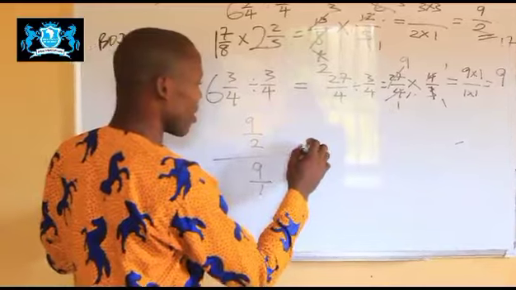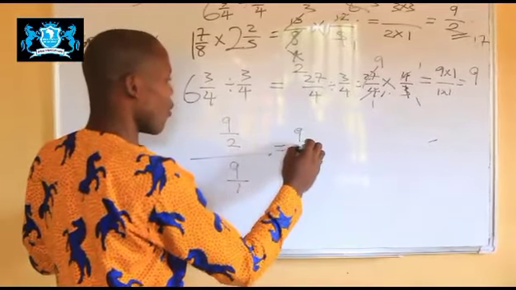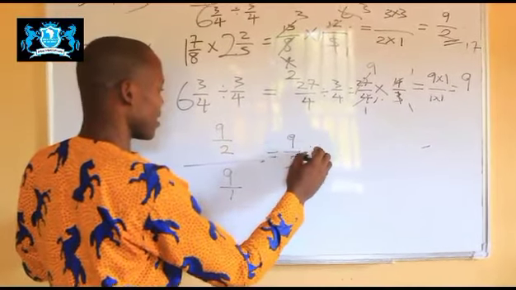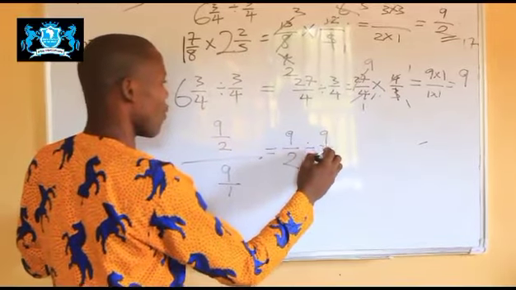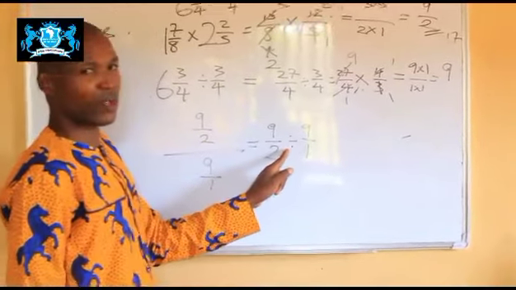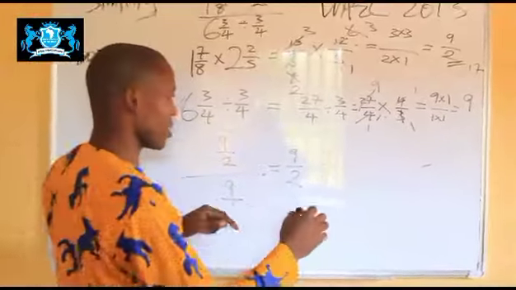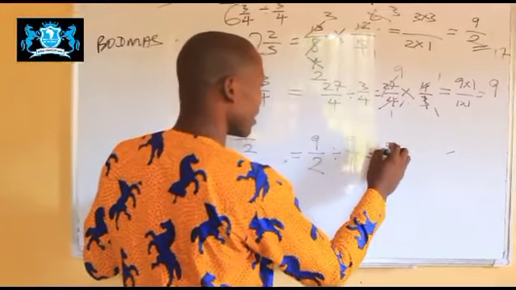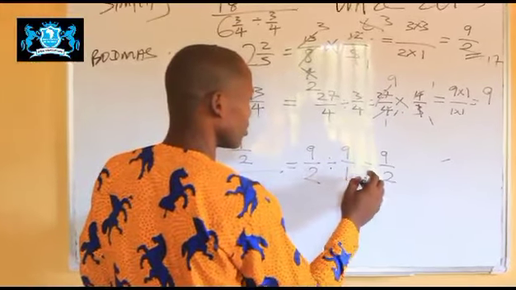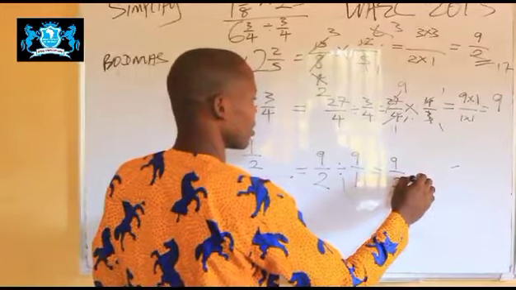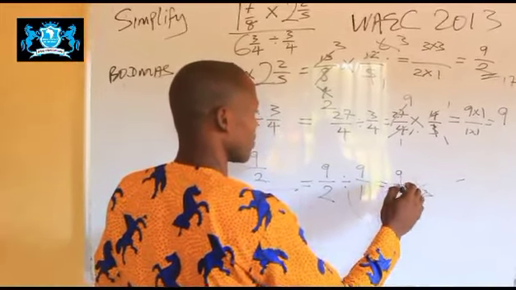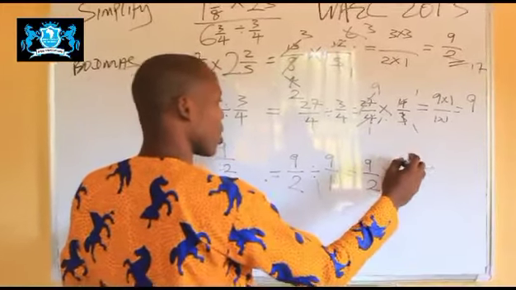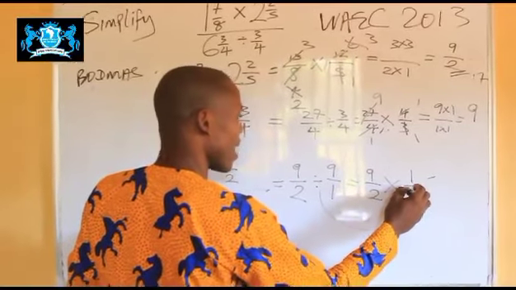Which is also another way of stating this: 9/2 divided by 9/1. Remember our division, we have to change it to multiplication. It will now be 9/2 multiplied by 1/9.